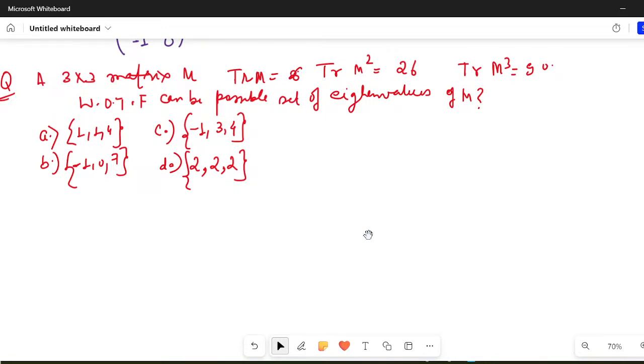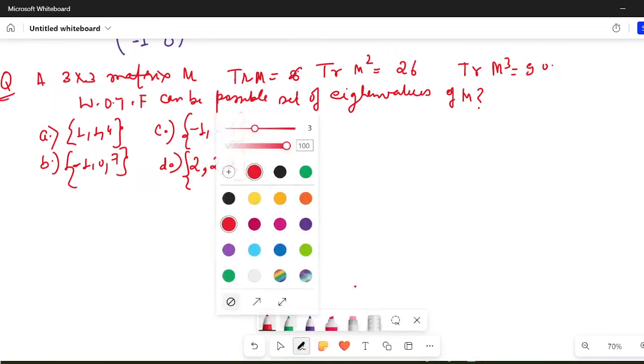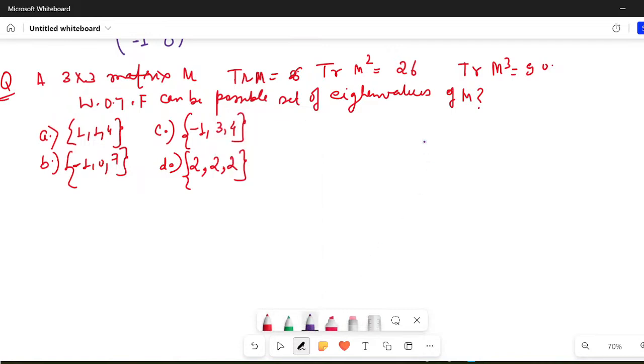If you don't remember the result, I'll give you the result also. Always remember, as we did for the non-singular matrix, we wrote one result: if lambda are the eigenvalues of M, then lambda inverse will be the corresponding eigenvalue for M inverse.